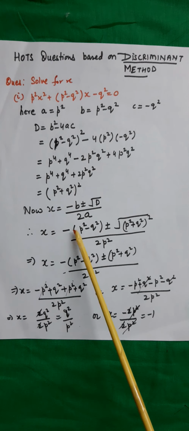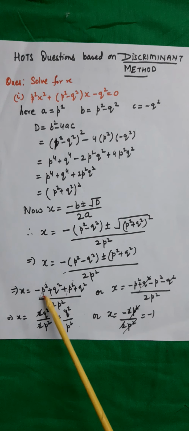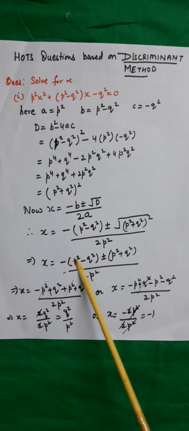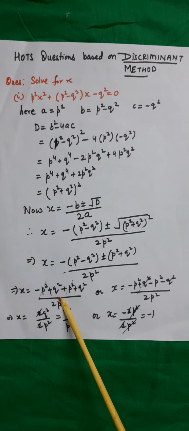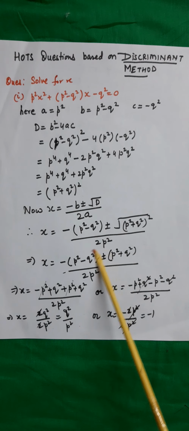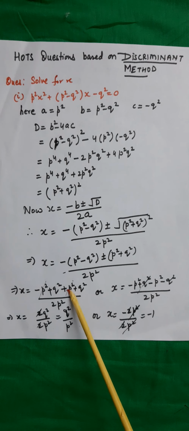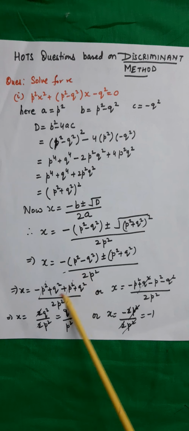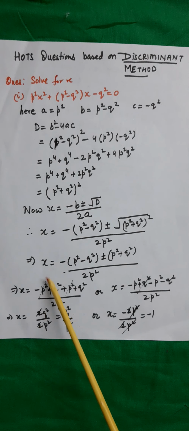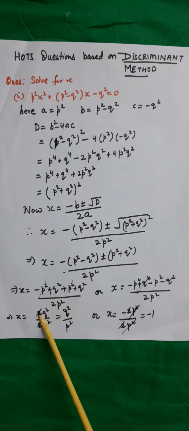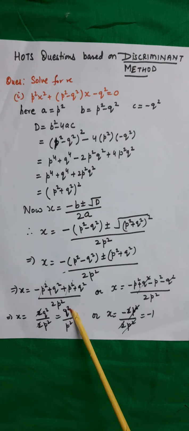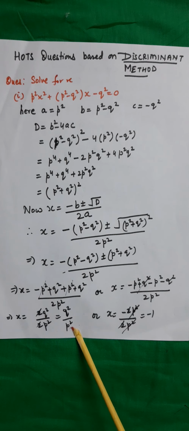Taking the plus sign, this gives me (−p² + q² + p² + q²) / 2p². Here p² and −p² will cancel, and I will have 2q² / 2p². Again 2 and 2 will cancel, so I have q²/p².